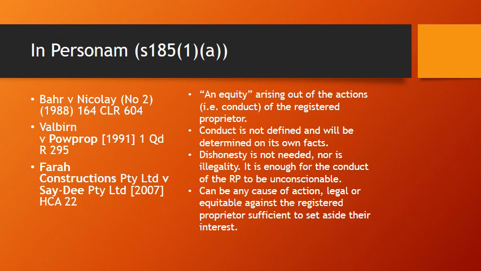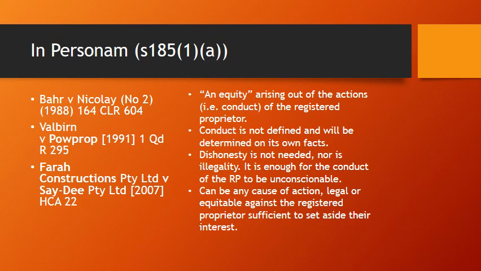Now, the reason why I say it's a problem is because that is a very broad set of circumstances that can arise with the in personam exception. Whereas fraud is a relatively high standard and a narrow set of circumstances, in personam can be anything, equitable or legal, any course of action that could take place against the registered proprietor who's obtained their interest.